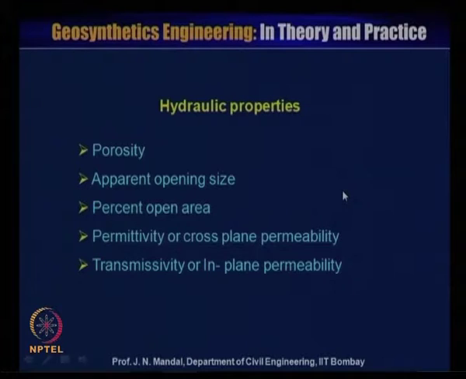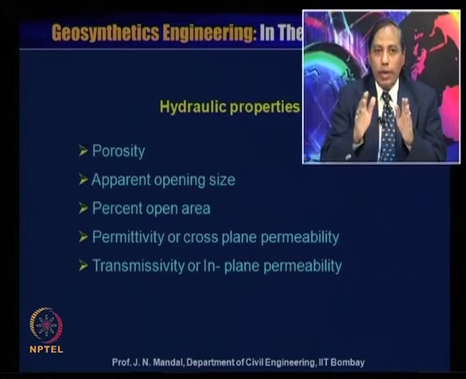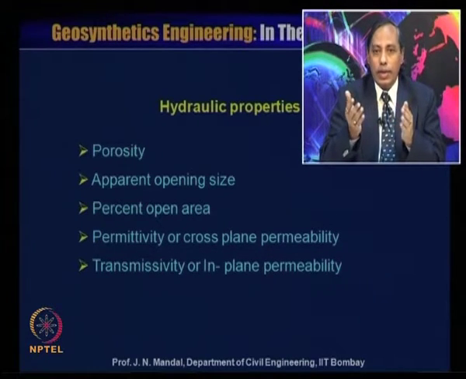So, hydraulic properties now. We talked about all the strength related problems for the geotextile, geogrid and the geomembrane. So, this is all strength related. It may be applied to retaining soil walls, slope stability problems, embankment problems, but we also want to check the properties of the geosynthetic material in hydraulic related, coastal related problems.